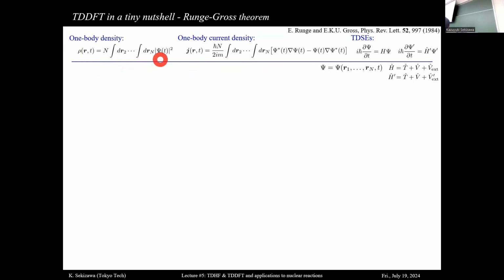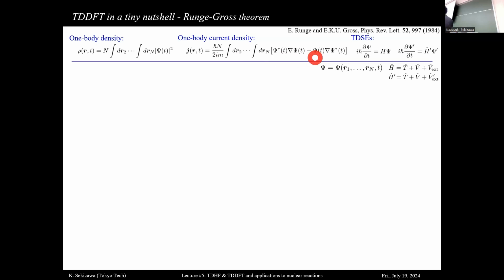This is the definition of the one-body density. Psi is the many-body wave function. We can integrate out all the coordinates other than one, and we can get the one-body density. And similarly, this is the one-body current density. So this is the definition.